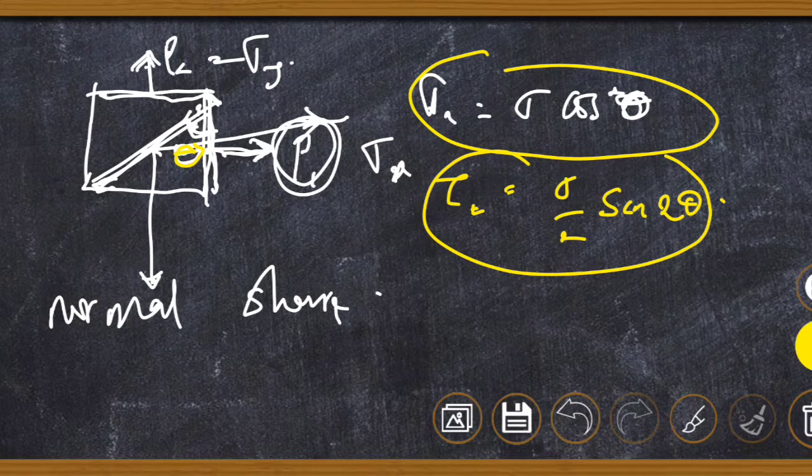Now, if we have two forces acting on that body, these two forces develop two different stresses. One stress is along the x-axis, and the other one is along the y-axis. Now, what will be the formula for the normal stress and the shear stress that is acting on the bisected area, on the section?